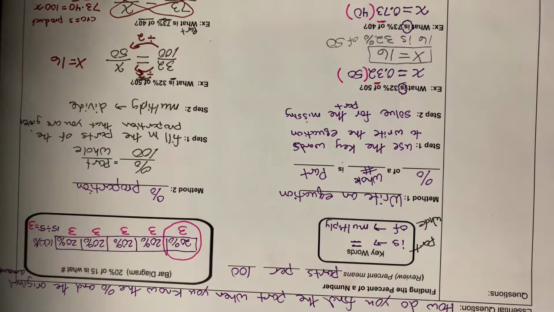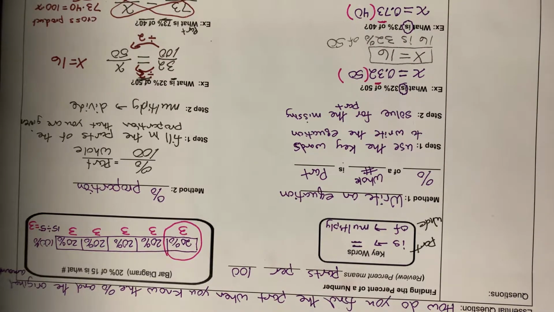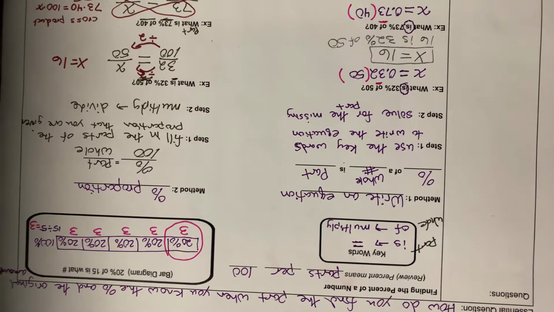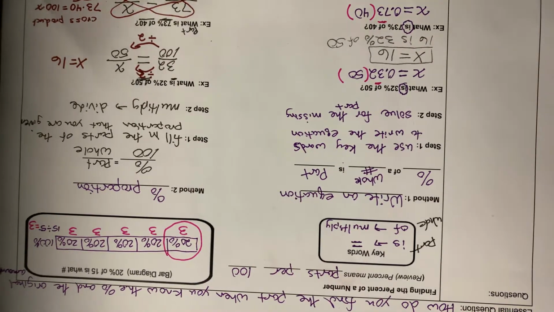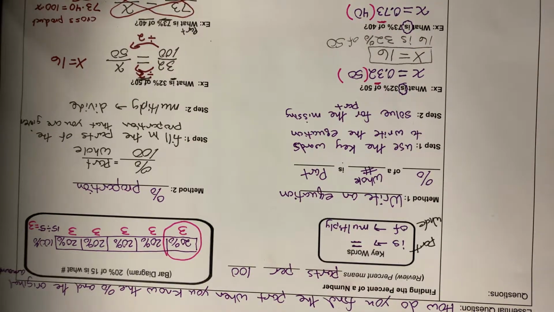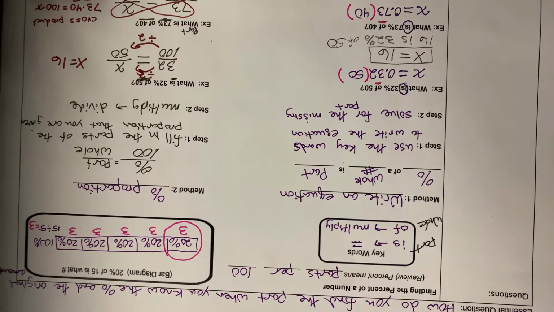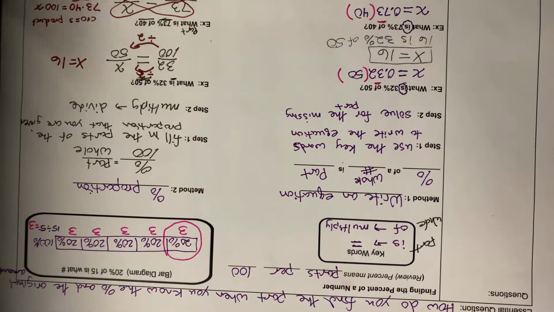If you knew it was 5.5, then excellent. But if you didn't know what it was, that's okay. That's where cross product comes in. So no shame to our game. We're going to pull out our cross product. I'm going to multiply going across. It'd be 128 times 550. That's going to equal 100 times x, or I can just put 100x.